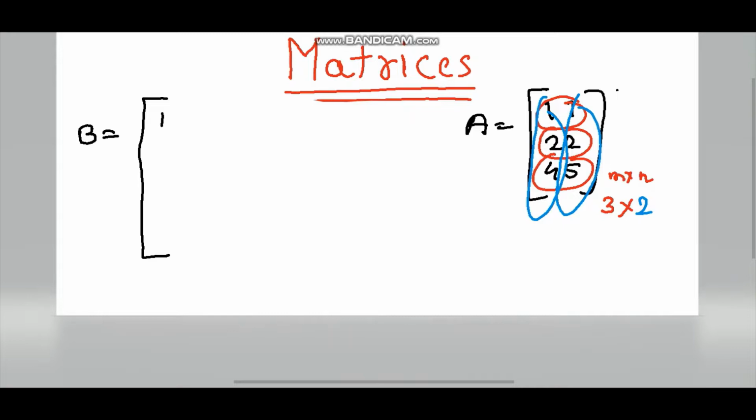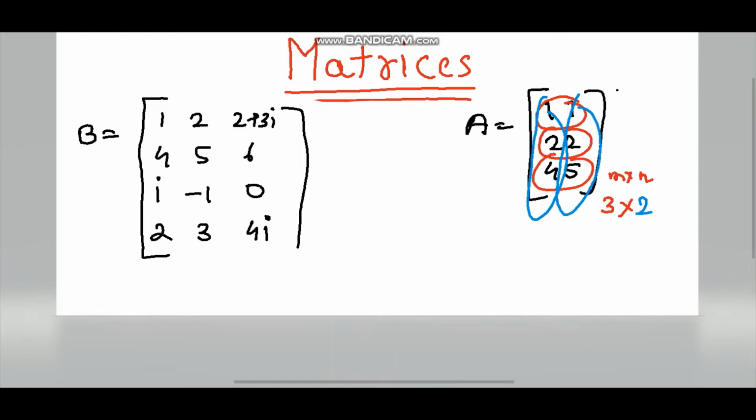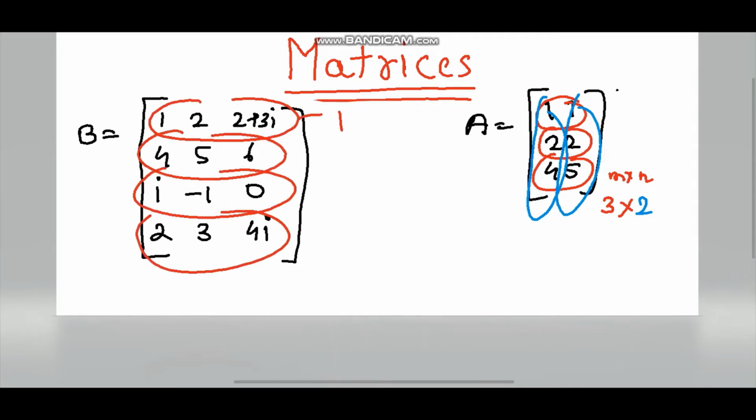Let us take another example. B is equal to 1, 2, 2 plus 3i, 4, 5, 6, i minus 1, 0, 2, 3, 4i. How do we write this order? m is the number of rows. How many rows do we have? 1, 2, 3, 4. 4 into how many columns? 1, 2, 3.